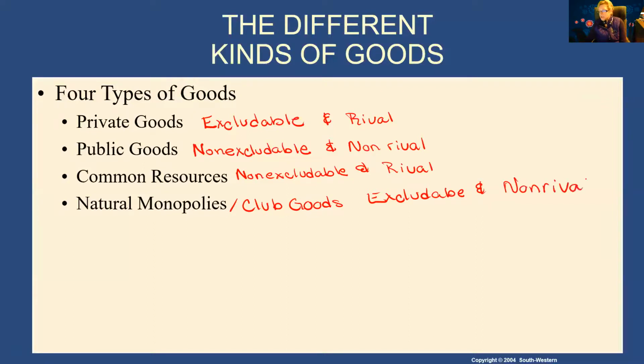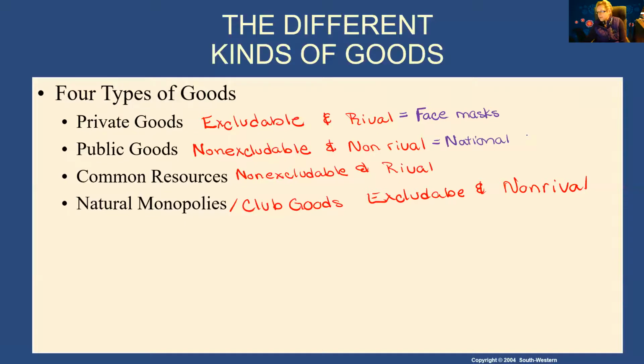Okay, so let's get some examples here. And I think there's some on the next slide, but just in case, let's go ahead and put some examples. So private goods, the goods that we've been studying, okay? Masks. Anything you can buy at the store there. Public goods. The pure public good is national defense.